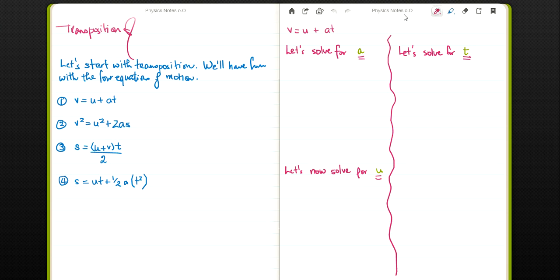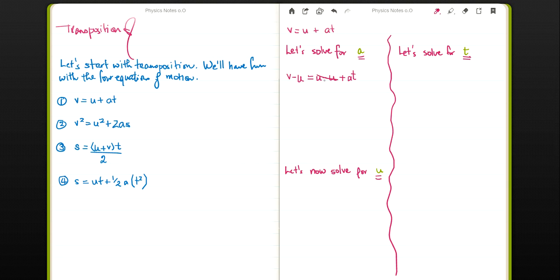Here we have an example with v equals u plus at, and we want to solve for a. If you have v equals u plus at, we try to get rid of u first. So we say v minus u, and whatever you do to one side, you do to the other side: u minus u plus at.